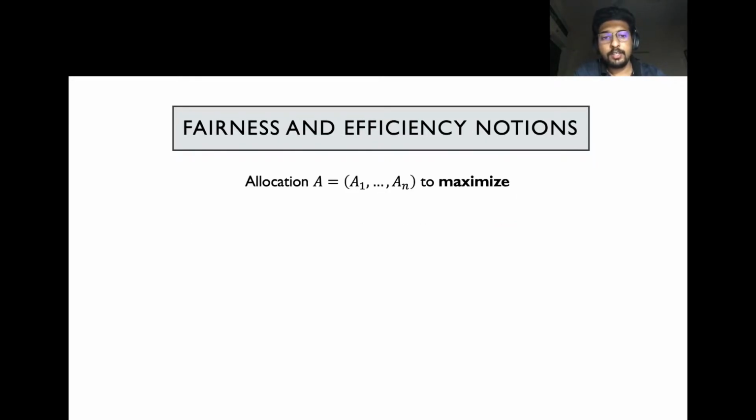Let's take a look at a few popular welfare notions. Let A denote an allocation. An allocation is a partition of goods into n disjoint subsets. A common welfare notion is to find an allocation that maximizes the average social welfare, which is just the average of the utilities that each agent has for their bundle.